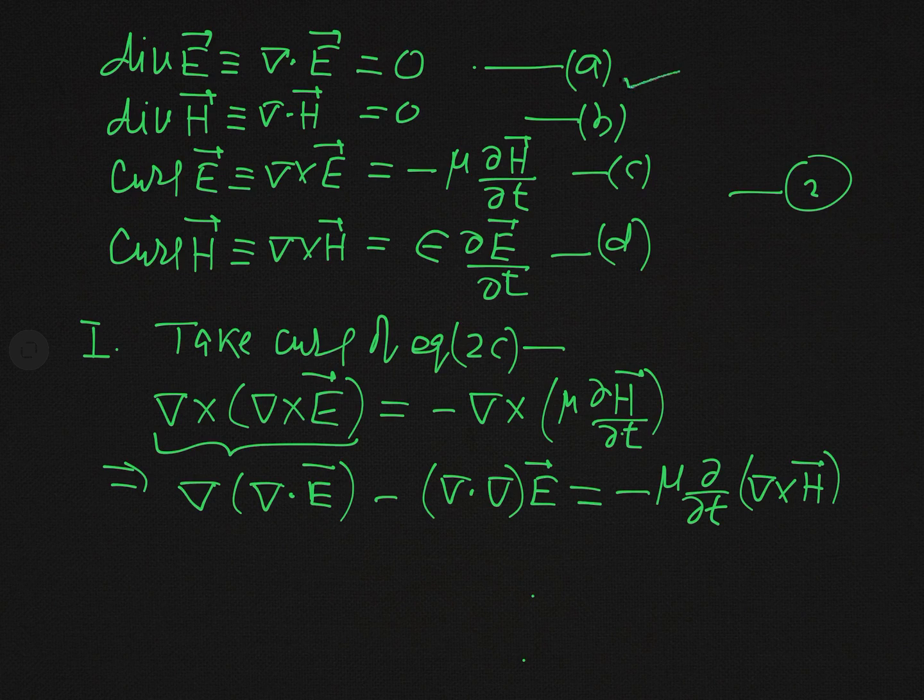Now let us make use of equation 2A and equation 2D in this equation. You can see from equation 2A, what is this divergence of E? This is actually 0, and del cross H is defined in equation 2D.